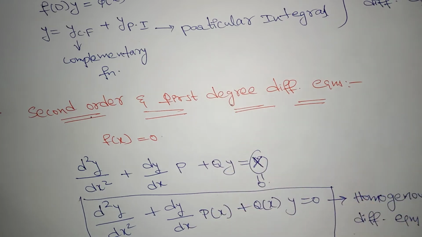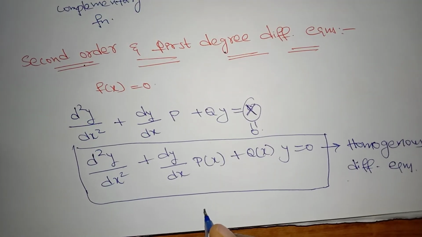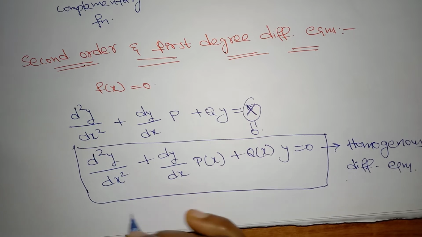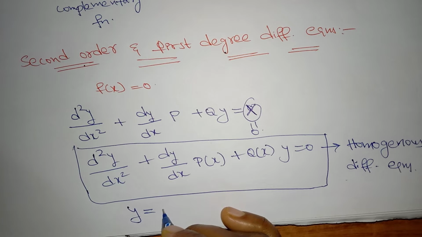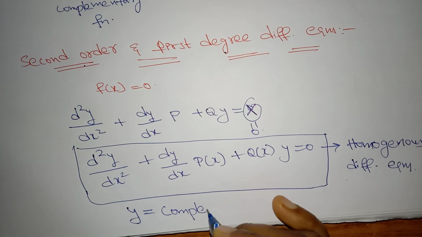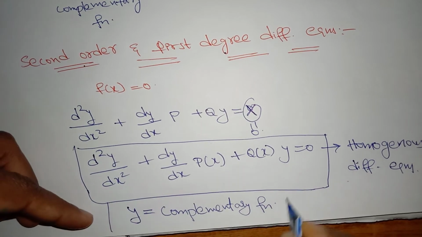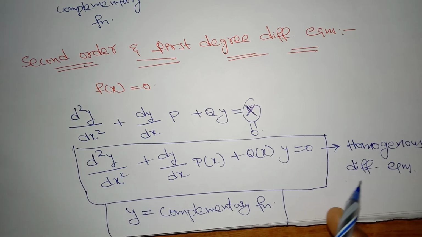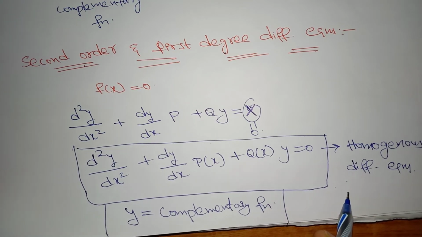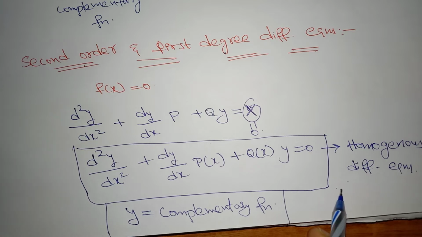For a homogeneous differential equation, the solution will be a complementary function. Now, how to find this complementary function for a homogeneous differential equation? We have a few methods to find a solution for a homogeneous differential equation. We will learn one by one.